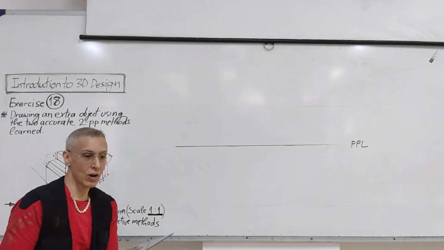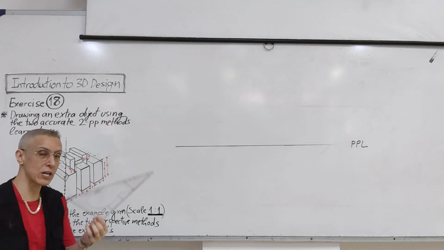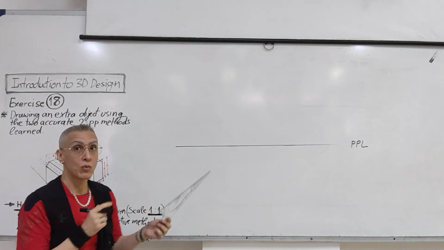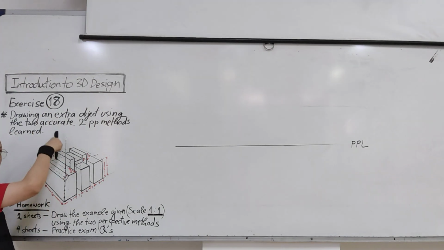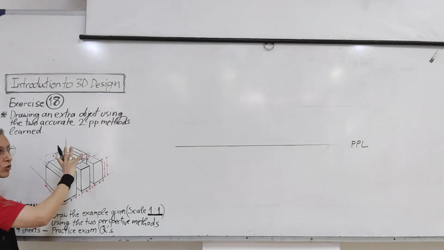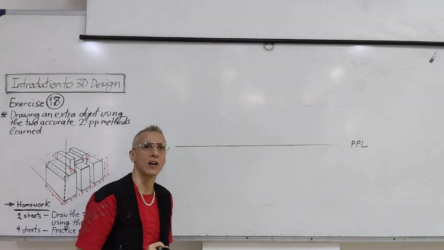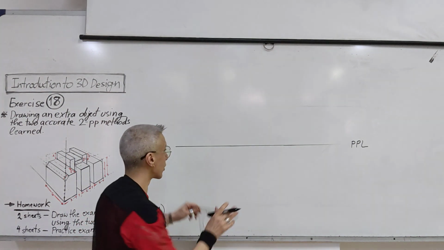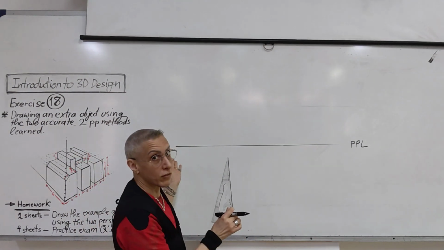What is the first thing you have to do with the second method, the revolved plan view? First of all, you can use only this ruler, not the other one, because we have to take this object, draw it from the top, and then rotate the plan view 30, 60 degree. So we can only use the 60 and 30 degree ruler, okay? So, I have to draw this as a top view.